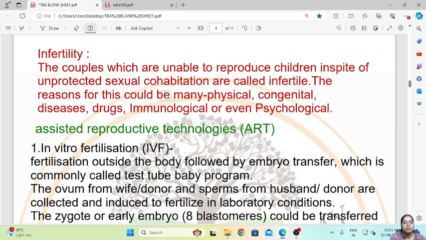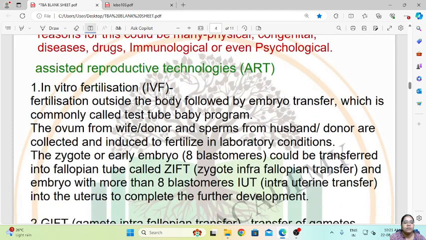The reason for this could be many: physical, congenital diseases, drugs, immunological, or even physiological defects. In such cases we can opt for assisted reproductive technologies, that is ART. The first assisted reproductive technology is IVF, that is a very famous technique, in vitro fertilization.